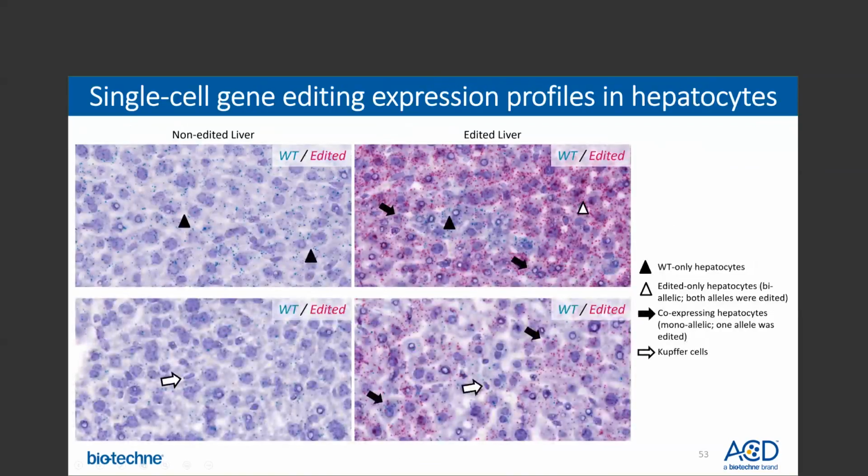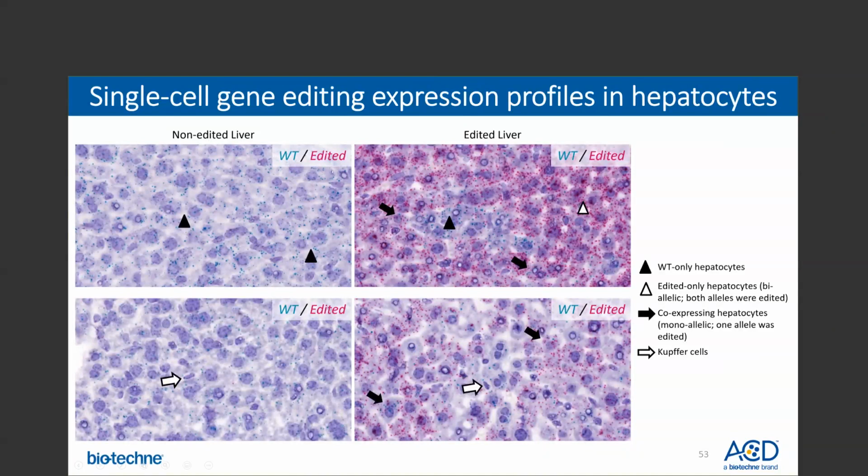you can see that when we looked at the expression of both these wild type and edited transcripts in our target liver tissue, on the left-hand side panel in the non-edited liver tissue, we could only detect the wild type transcript indicated in green, and we could not detect any edited transcript, as you would expect.